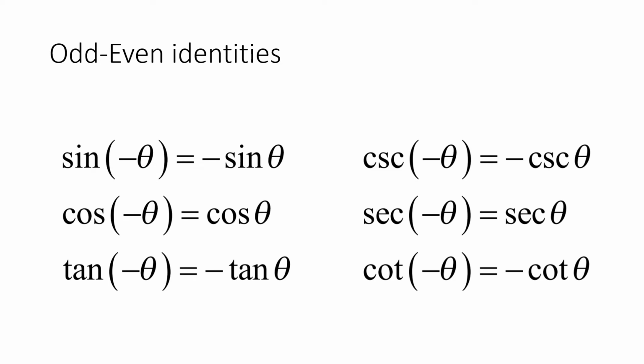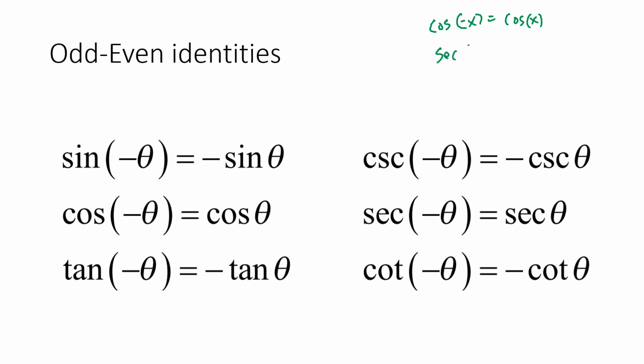So on our odd even identities, we want to remember that really there are only two even functions. Cosine is an even function. That means that if we input a negative angle or if we input a positive angle, they're going to be exactly equal.